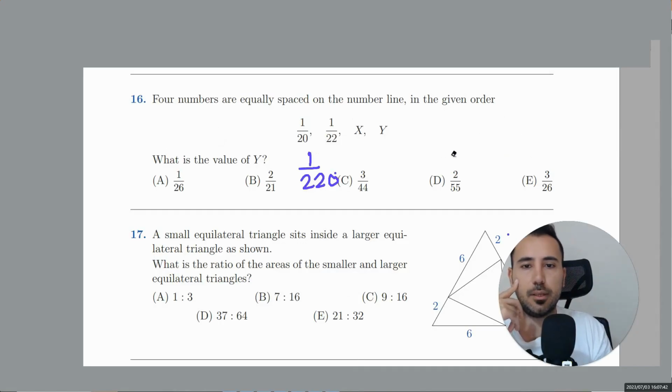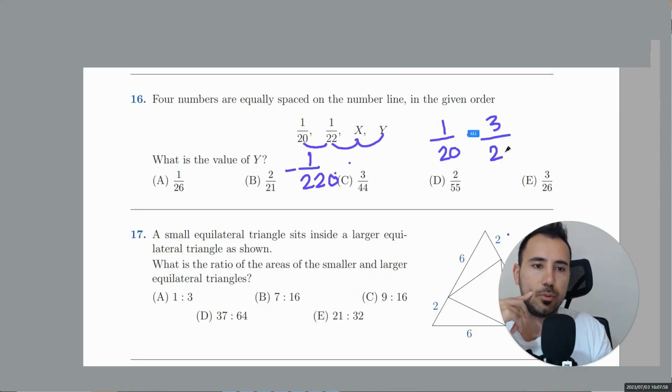Each one has been minused by this value, again minus one more time, again minus one more time. So the answer would be 1 over 20 minus 3 over 220. So let's multiply this by 11, this one by 11.